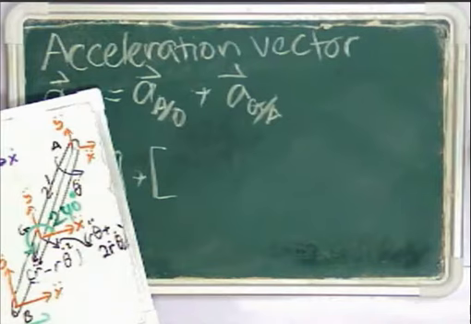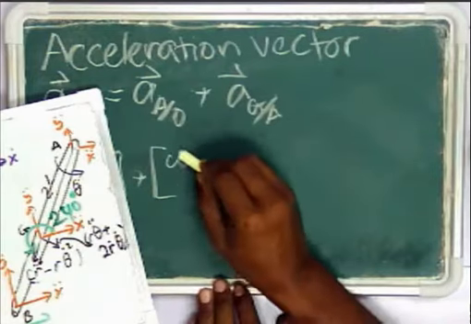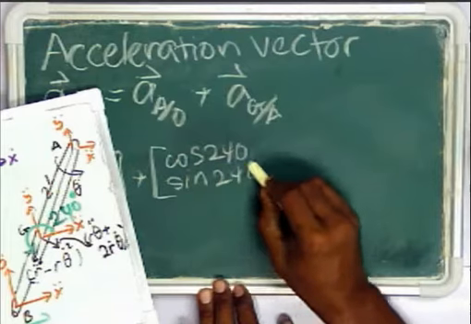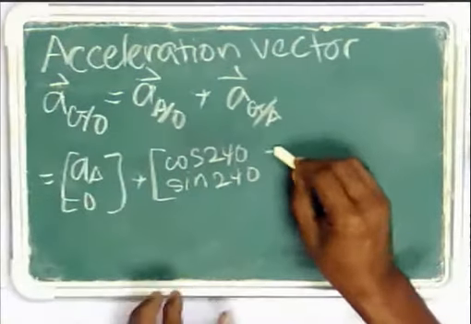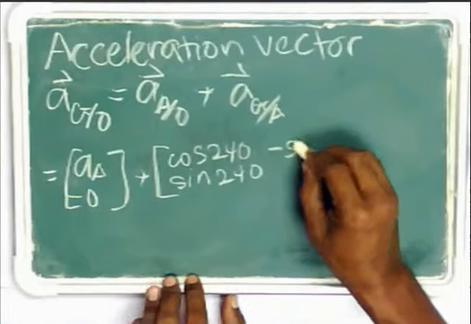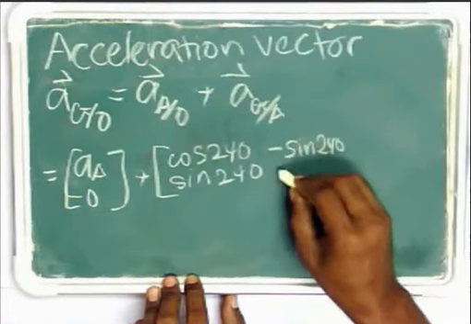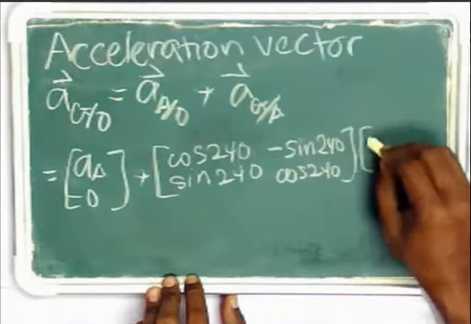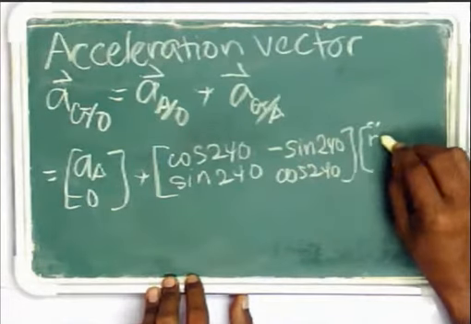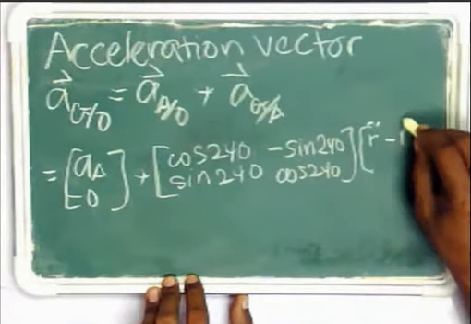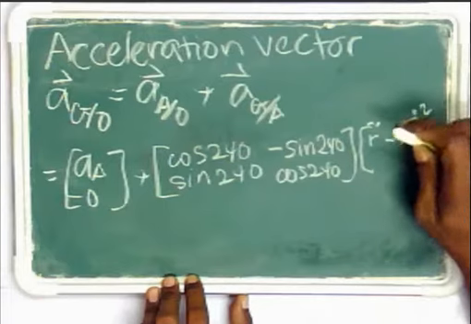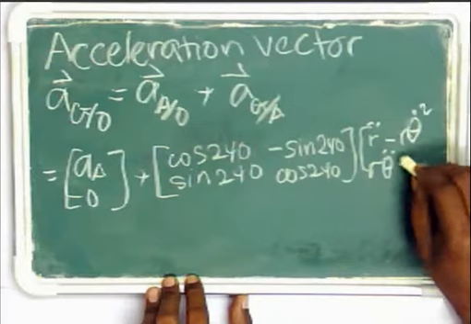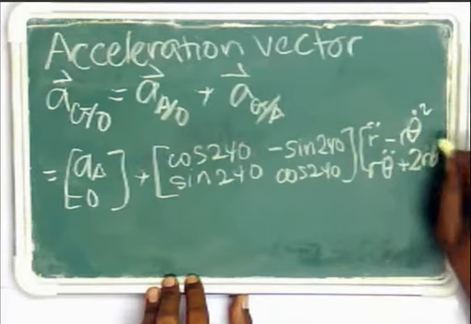So the conversion matrix will be cos 240, sine 240, minus sine 240, cos 240. And then the radial direction is r double dot minus r theta dot to the power of 2. Then we have the transverse term, r theta double dot plus 2r dot theta dot.